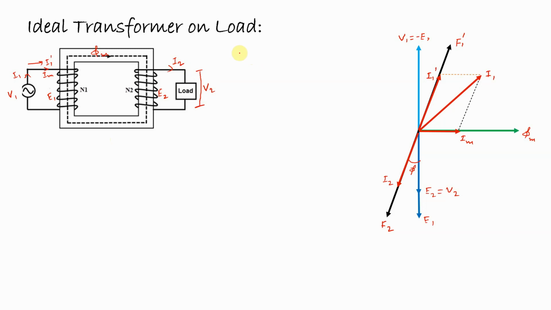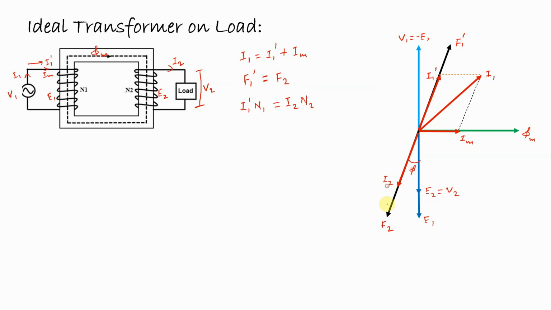Now here we have seen that the primary current I1 is equal to I1 dash plus Im, and we have already discussed that the magnetomotive force developed in the primary and in the secondary should be equal but opposite, where F1 dash is I1 dash into N1 and F2 is I2 into N2.